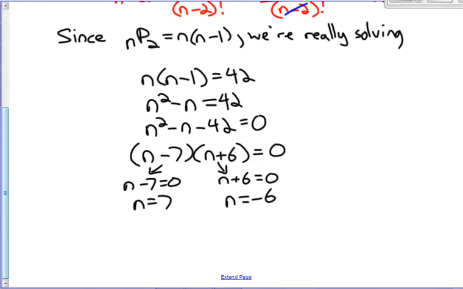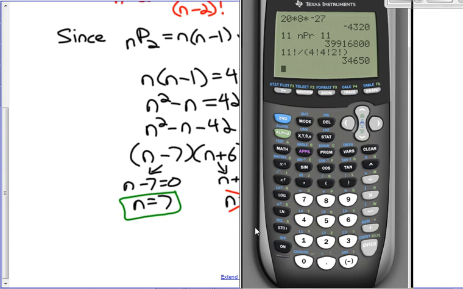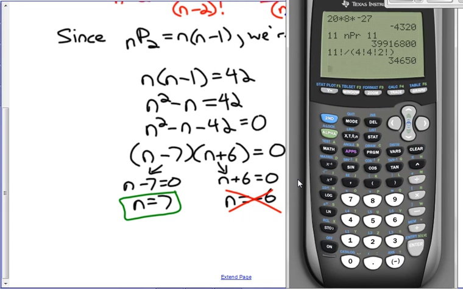Now, we don't define factorials for negative numbers for these counting questions. So n can't be -6, but it could be 7. Let's check. Does 7P2 equal 42?